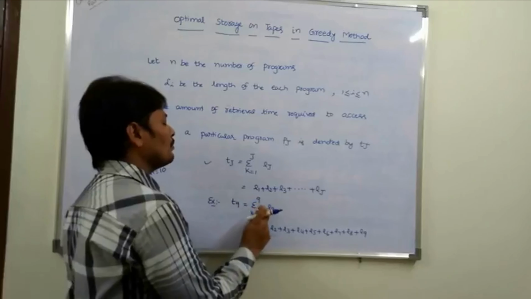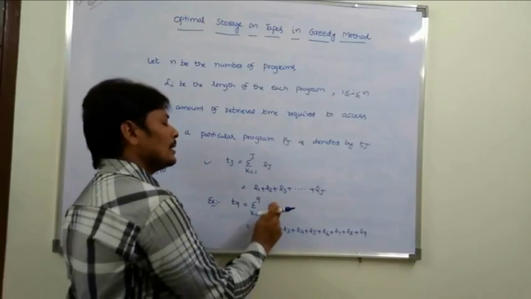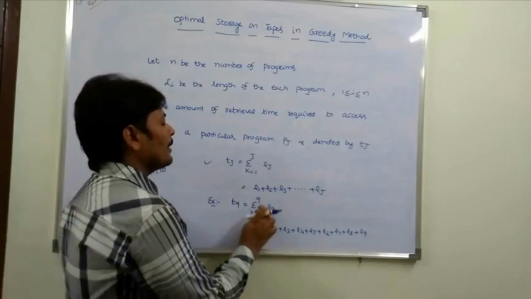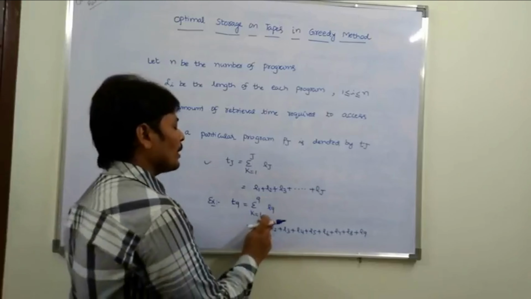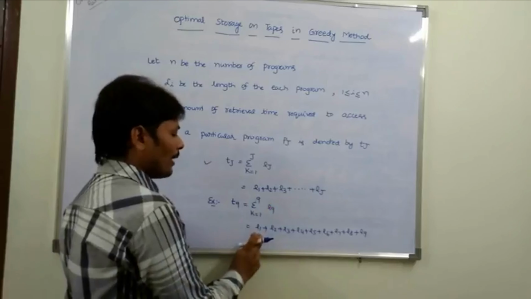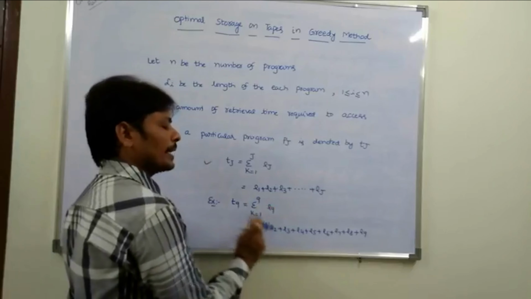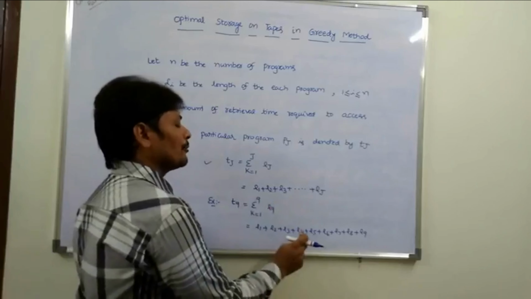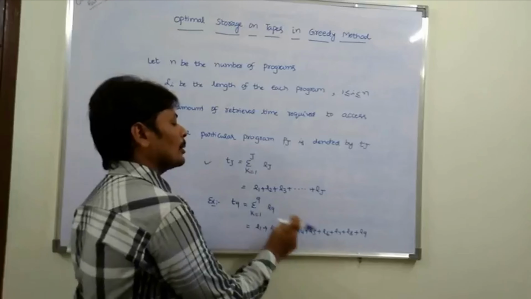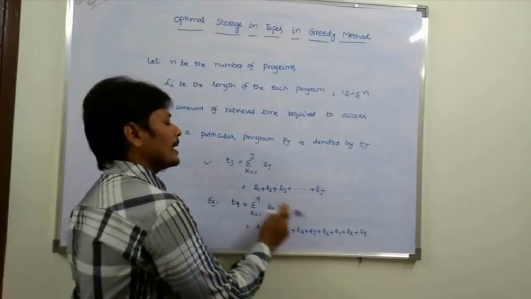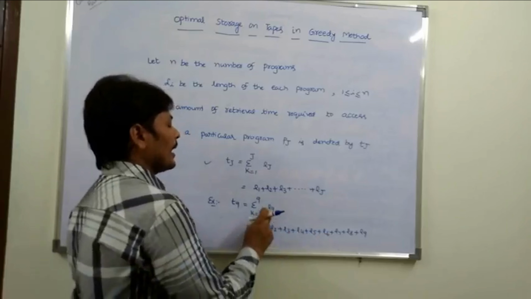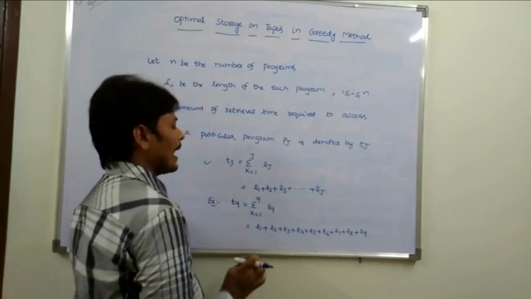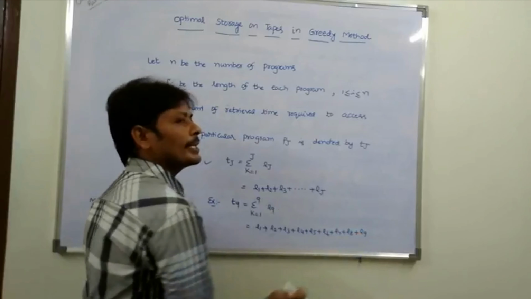T9 is equal to sigma k is equal to 1 to 9 of L9. So k is varying from 1 to 9. So k is equal to 1, that is L1, plus k is equal to 2, that is L2, k is equal to 3, that is L3, k is equal to 4, that is L4, k is equal to 5, that is L5, k is equal to 6, that is L6, k is equal to 7, that is L7, k is equal to 8, that is L8, k is equal to 9, that is L9.